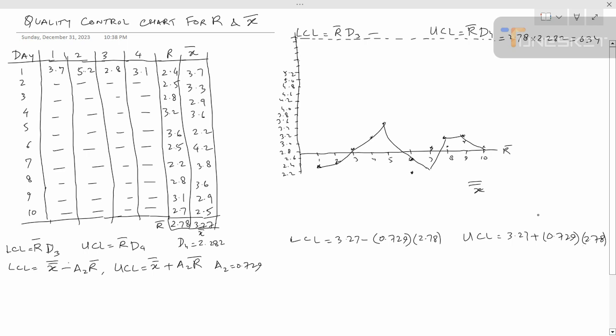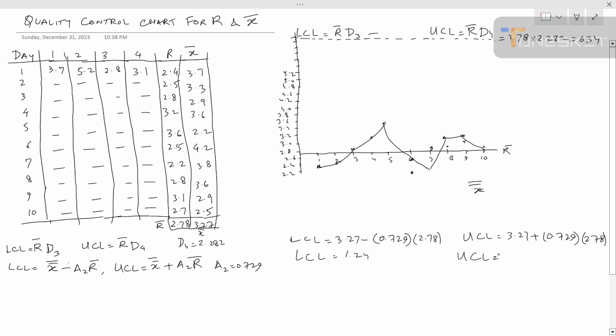So the lower control limit is 3.27 minus 0.729 times 2.78. That's 1.24338, so we can take it as 1.24.